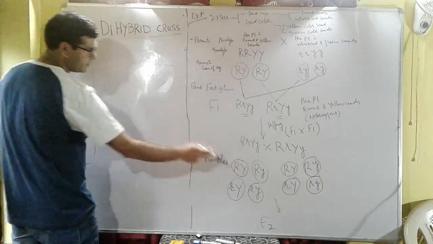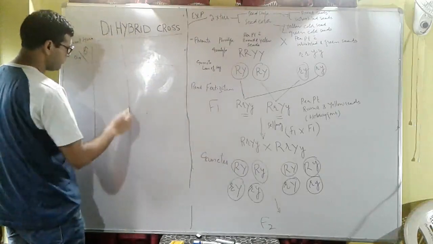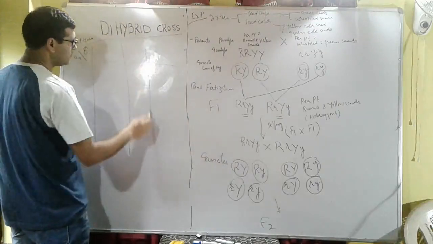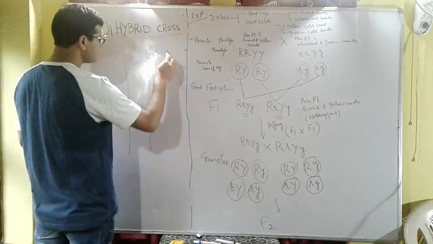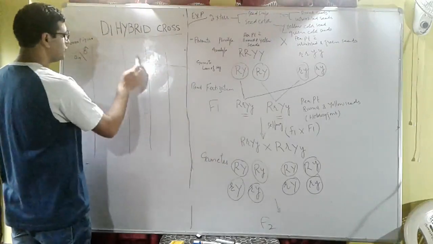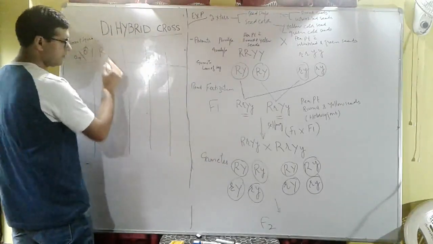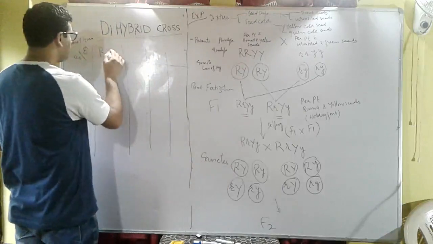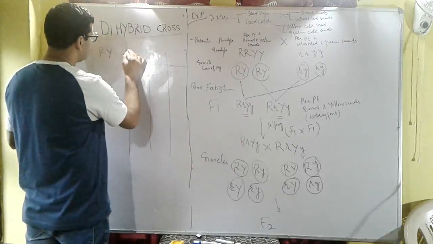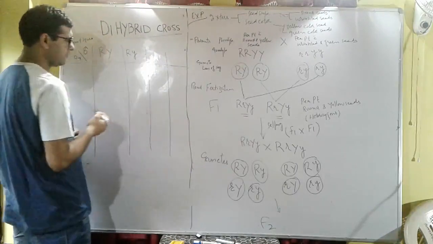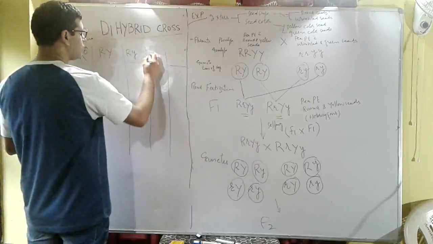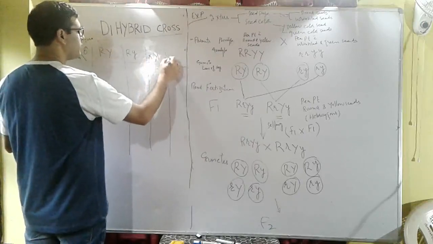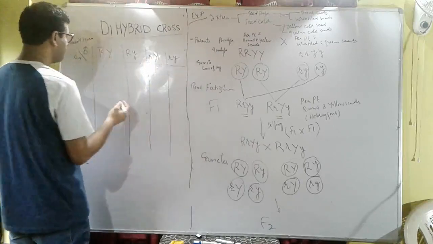So we have four gametes, 1, 2, 3, 4. This is capital R, capital Y; capital R, small y; small r, capital Y; small r, small y.